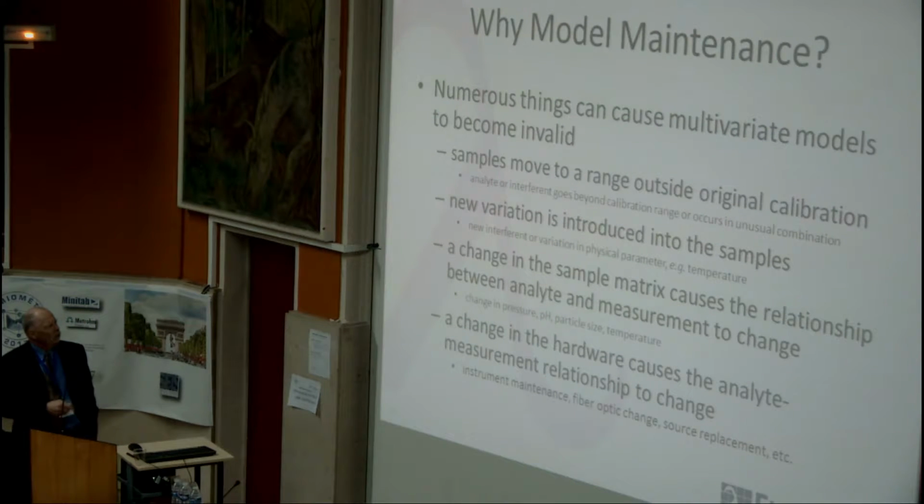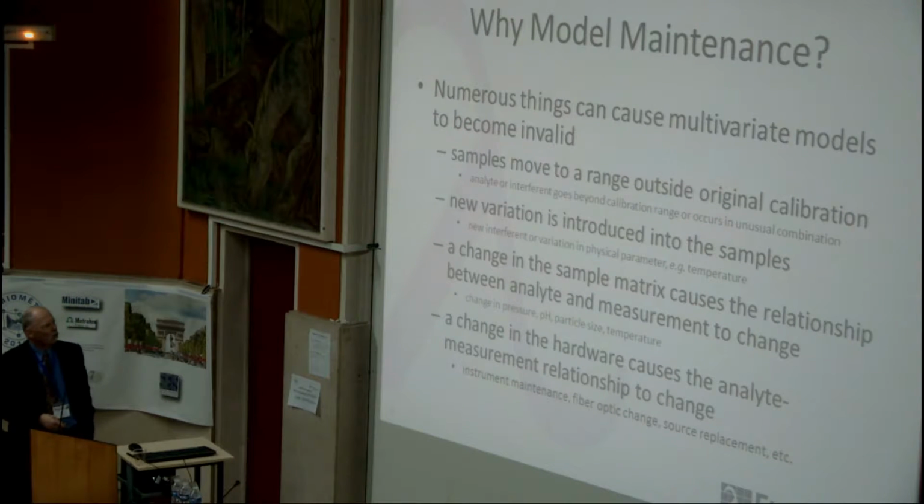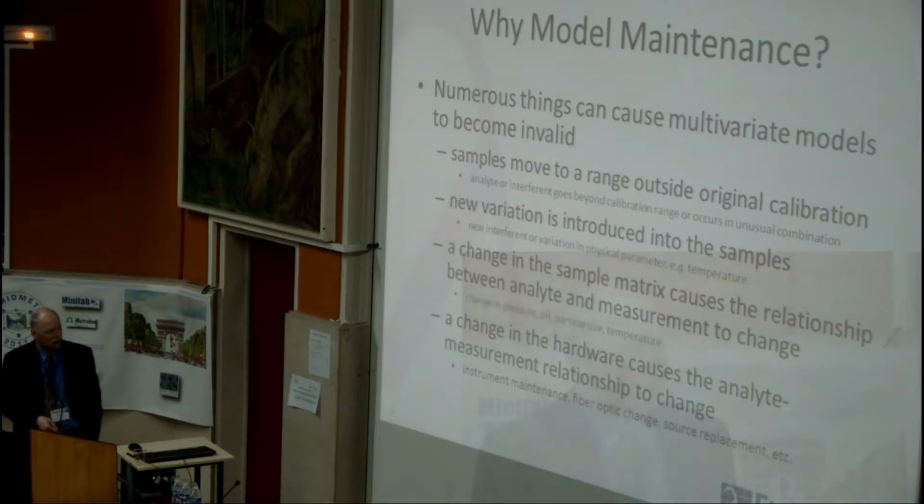It's possible that you could get a new variation that's introduced into the samples. That is, you have a new interferent that wasn't there before, or you've had a variation in some physical parameter such as temperature or particle size change, for instance.